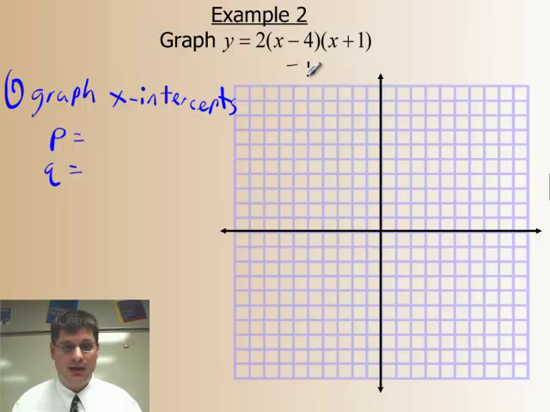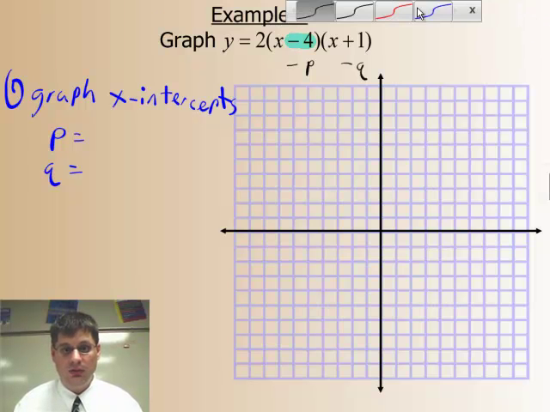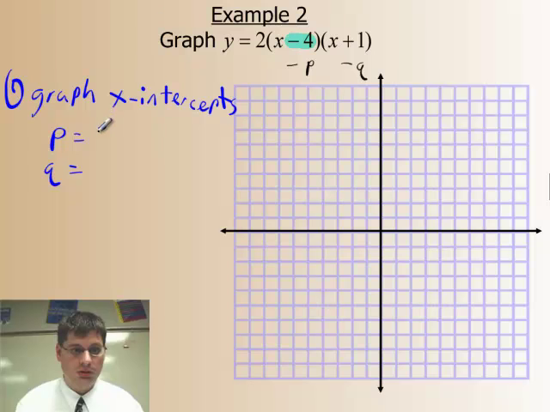Because in this first one it's just minus 4, the sign didn't change. That means our P value is in fact going to be 4. And our Q value is, if we look here, oh wait, that's a plus 1, but it's originally minus Q.